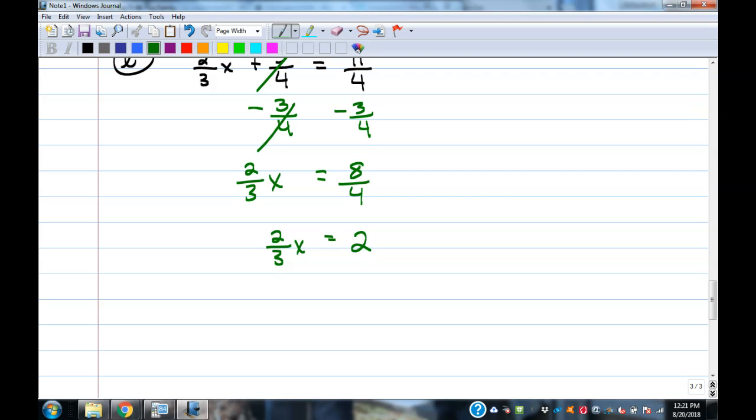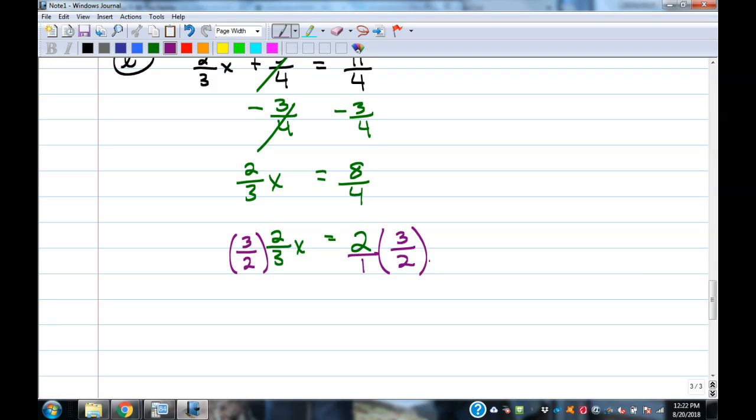What's the last step here? Well, how do we get x by itself? Divide by a fraction. How do we write that? Yeah, multiply by the reciprocal. Okay. So flip it and multiply.